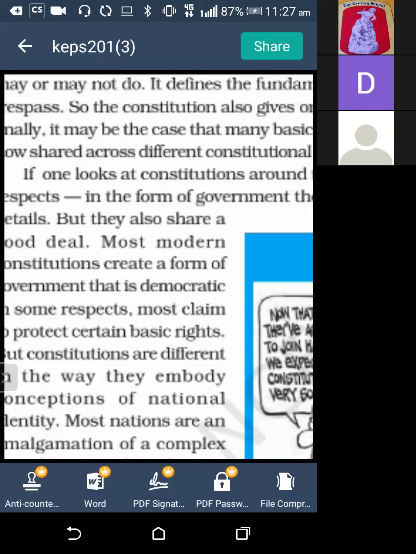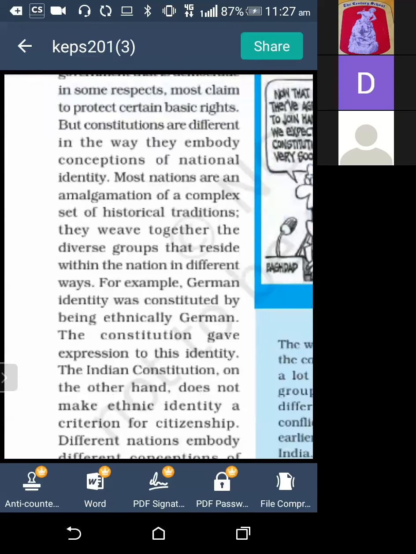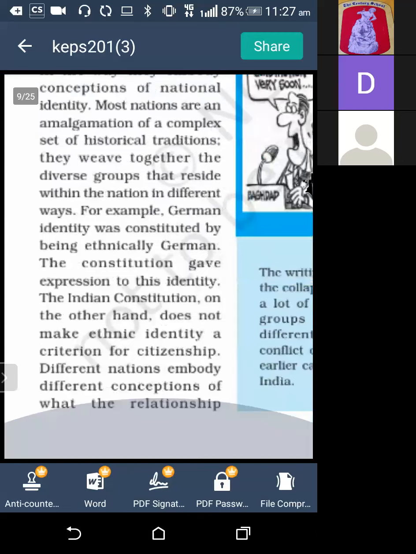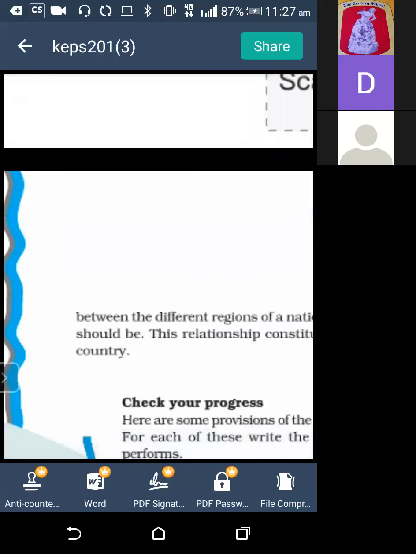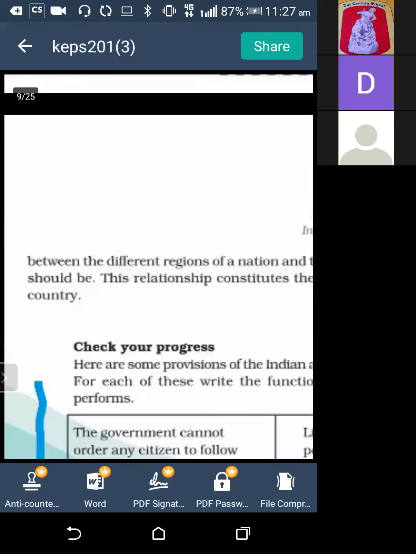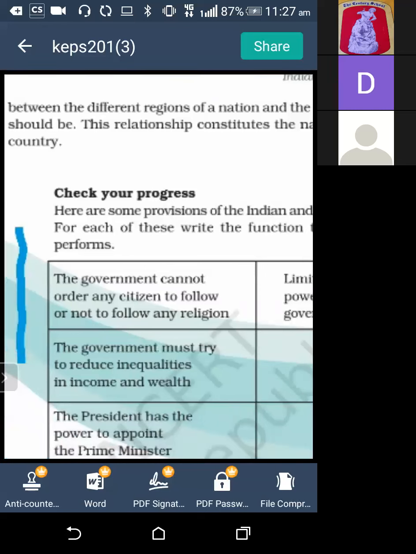Right? Different nations embody different conception of what the relationship between the different regions of a nation and the central government should be. This relationship constitutes the national identity of a country.